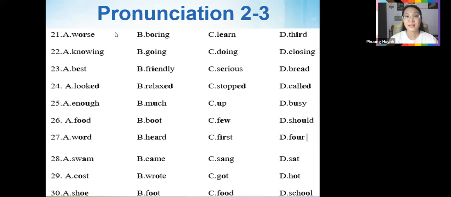Okay, everybody. Now let's just fix this one together. For question number 21. So what do you think? What is the different words? Bài này là different sound. Okay. So which word sound different from the other one? Okay, so I see from Bling, you choose C. Okay, so how about the other student?